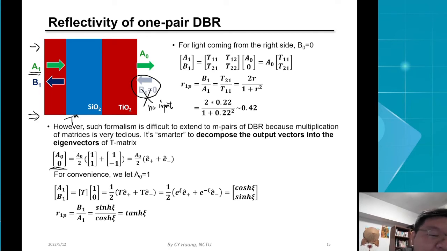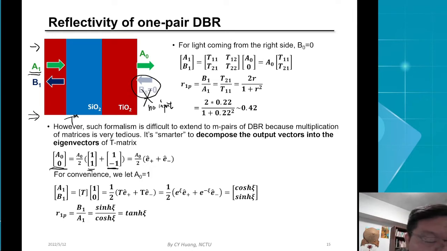The A0 can be decomposed into its eigenvectors as half of A0 with (1, 1) plus (1, -1). If we can decompose any vector into its eigenvectors, the transformation or the mathematics will be much easier.